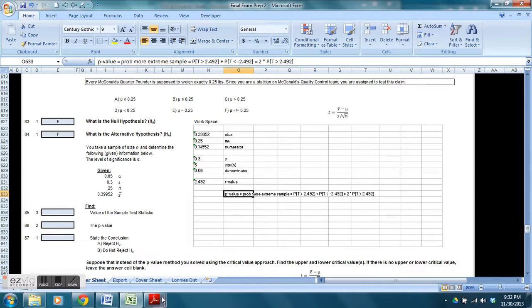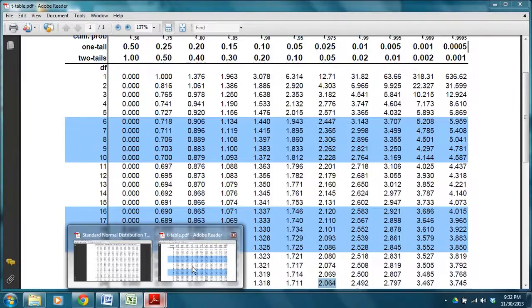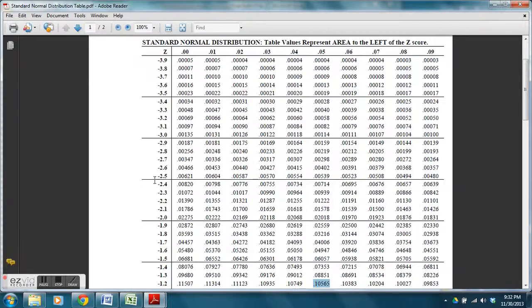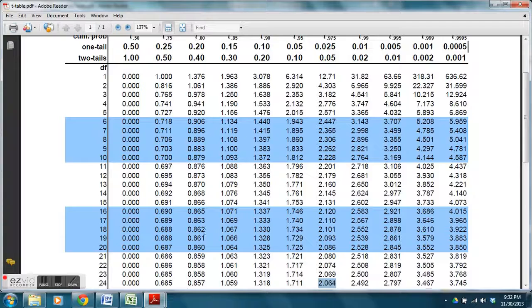So now we have to use our t-table to find what this probability is equal to. And the t-table is different than the z-table. When you look at the z-table, you have the z values on the x and y axis, and then the probabilities in the center.